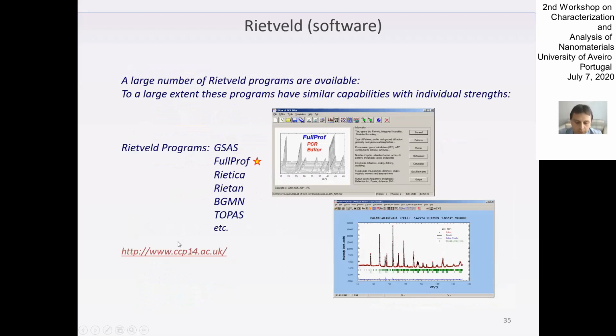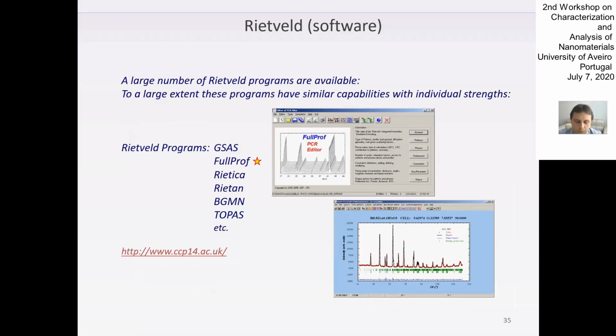Let's talk about the software which can be used to refine the crystal structure. Actually, there are a lot, proprietary or free. I prefer to use one called FullProf. It was written by Rodriguez, I guess.